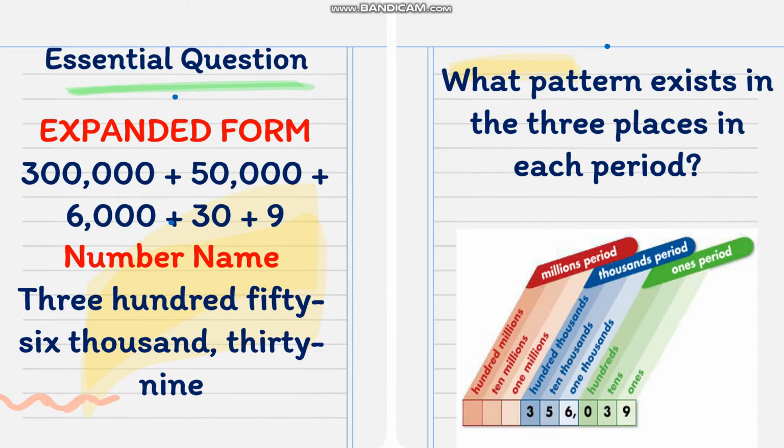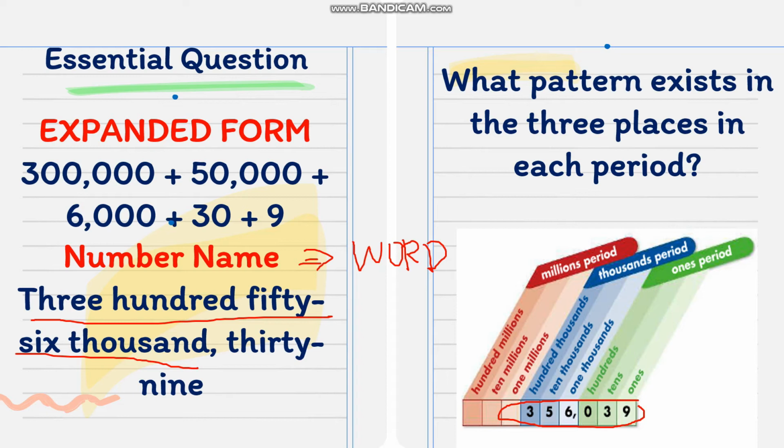Now, how are we going to change it into a number name? So I told you before that when we say number name, it means it is a word form. So what you read is what you write. So how are you going to read this one? 356,039. So we're going to write this as 356,000, comma. Again, do not use the word and. If you see comma, just copy the comma.